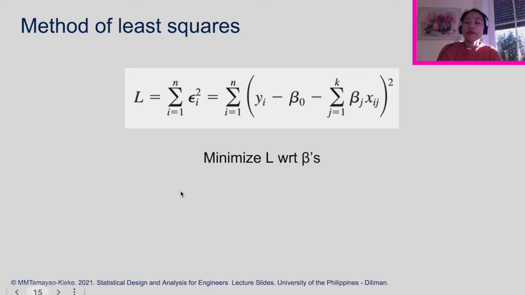Now, in the method of least squares, what we basically want to do is to minimize this function with respect to the betas. We let L be equal to the summation of the squares of the errors, where e sub i is just equal to y sub i minus beta naught minus the summation of beta sub j x sub i j from j equals 1 to k.